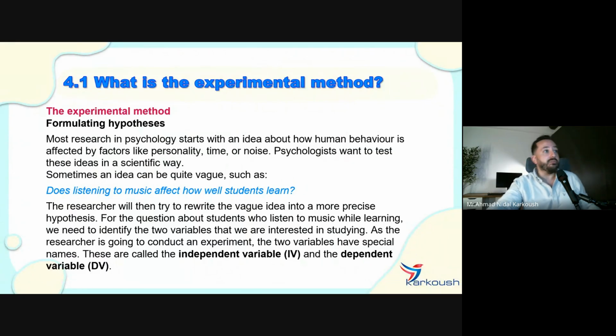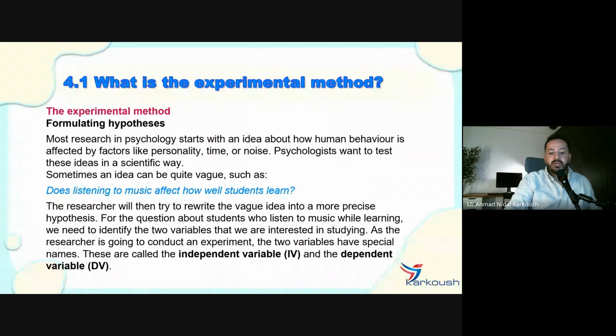Okay, Ahmad is gone. So the researcher asks this question: does listening to music affect how well students learn? And Ahmad wrote a follow-up in the chat. He said, so a hypothesis is a statement where proving, not a question. Yeah, it's not a question.